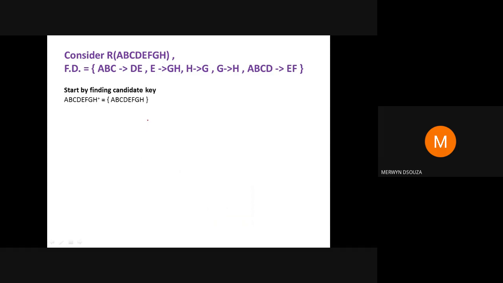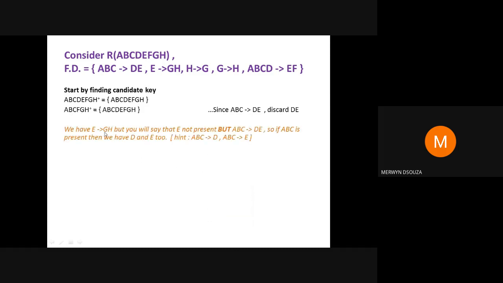Try to understand, I'll try to explain as slowly as possible. One way is you apply this rule: ABC determines DE, so you discard DE from here. Now we have been given that E determines GH. You can see that here E is not present. So how can we apply that rule?